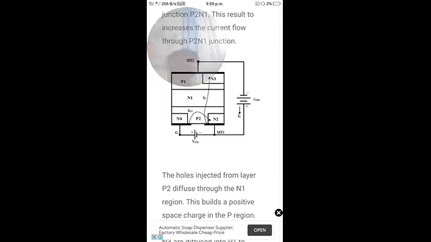The junction formed between P1 and N1 is a reverse biased junction, and that gets removed. So the electrons will move from N1 to N3.